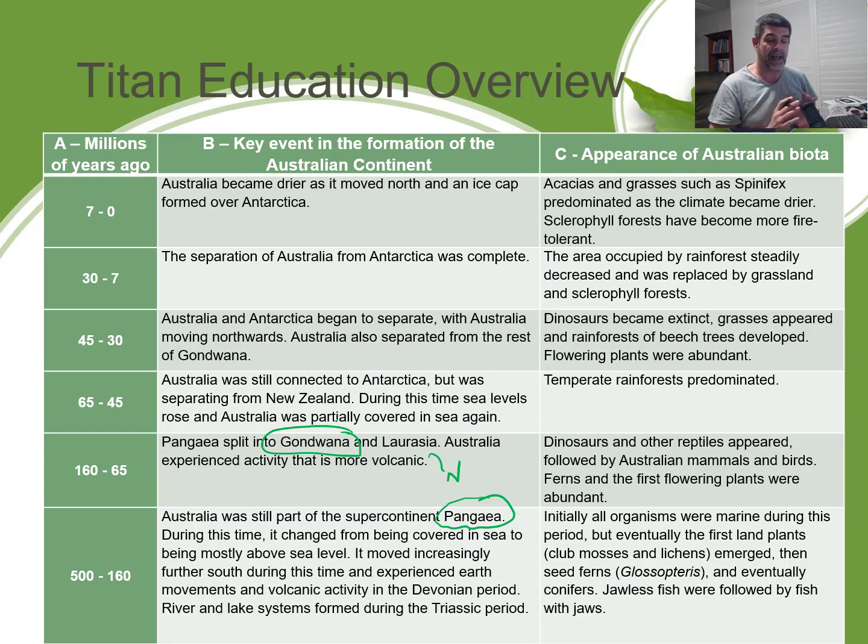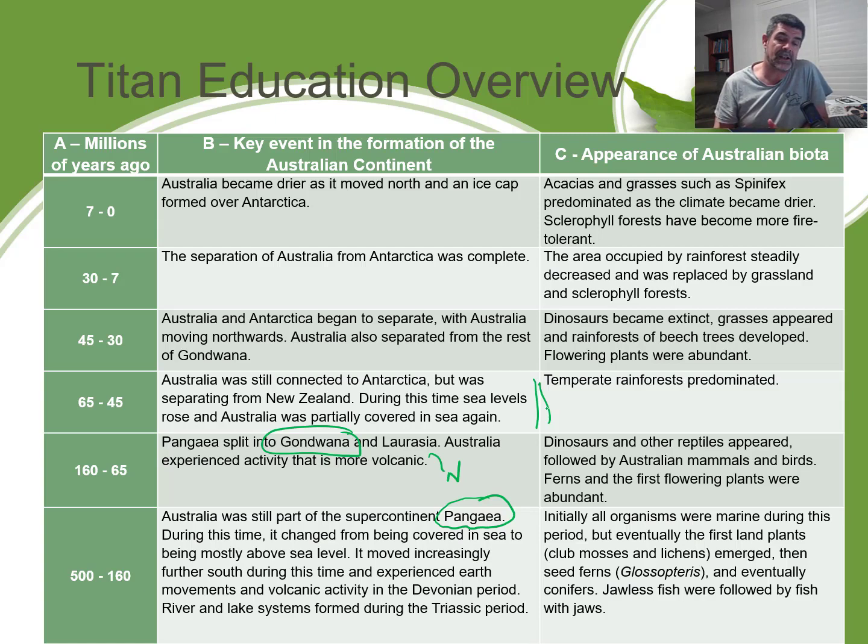As you look at the continued breakup of these continents, you notice that we get down to that time frame we looked at in the last slide, which is that the separation of Australia happened quite late, and it happened from Antarctica last. And at that particular time, we had rising sea levels and, again, parts of Australia covered by sea. And as we continue to move up into more recent times, you can see the separation from Antarctica and the drifting of Australia further north, which did change some of the climate.